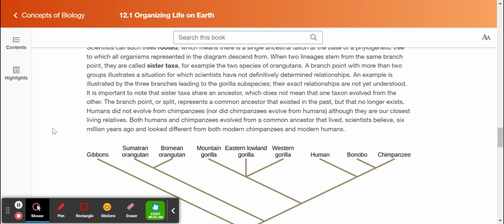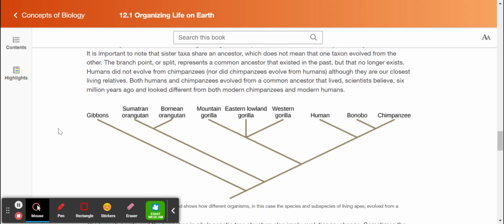It is important to note that sister taxa share an ancestor, which does not mean that one taxon evolved from the other. The branch point, or split, represents a common ancestor that existed in the past but no longer exists. Humans did not evolve from chimpanzees, nor did chimpanzees evolve from humans, although they are our closest living relatives.